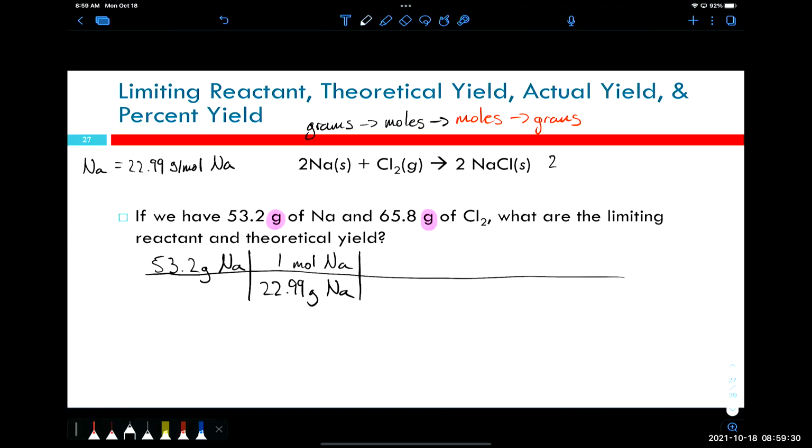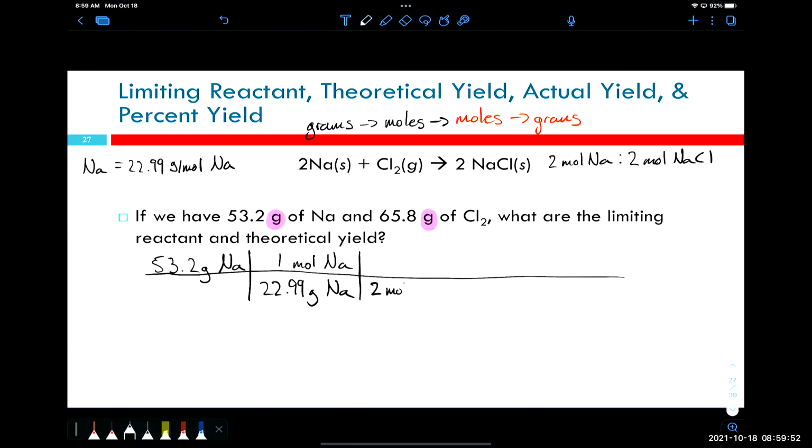It's going to be 2 moles sodium for every 2 moles sodium chloride. And again, this is a 1-to-1 ratio, but we're going to put it in there so we can see where our unit conversions are happening mostly.